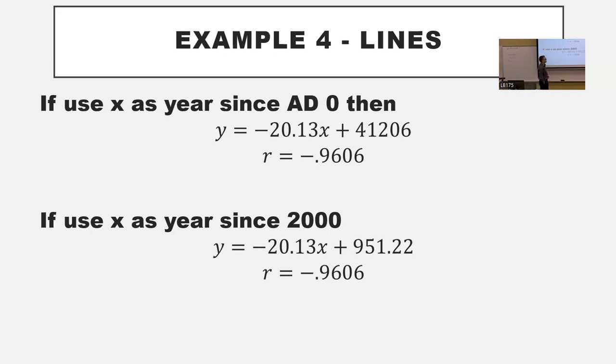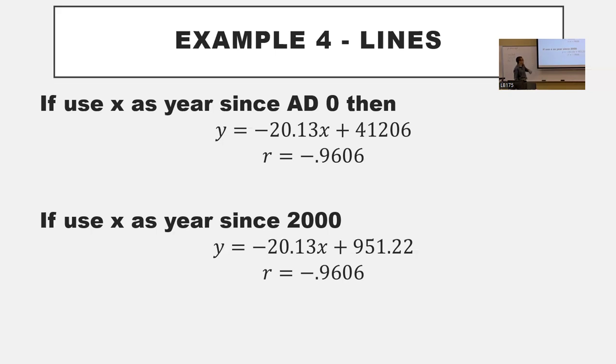So in both cases, you get the same R value, you get the same coefficient of x in both cases, but your intercepts are different because you're using a different starting value for your x. In the first one, I used 2009 as the starting value, so 2009 means 2009 as the x value.